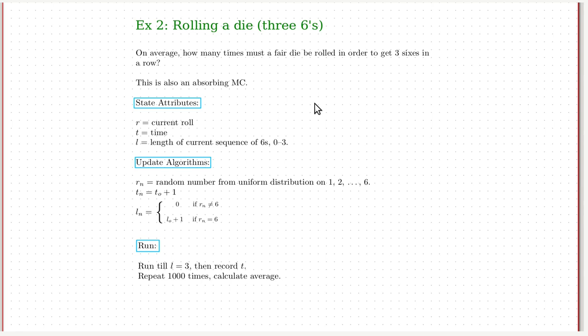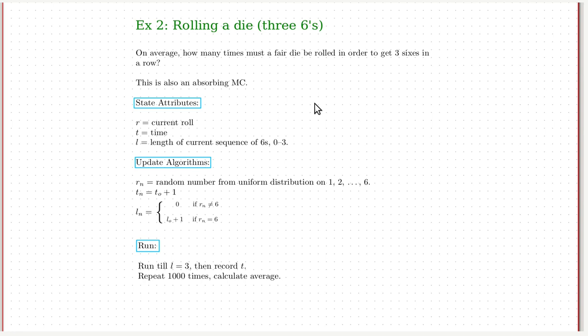But nevertheless, despite its simplicity, I want to use this as an example for a computer simulation, precisely because it's so simple. It allows us to focus on the issues of the state attributes and the update algorithms and all that. So in this case, as in the previous case, the state attributes will include R for the current roll, a number 1 through 6.